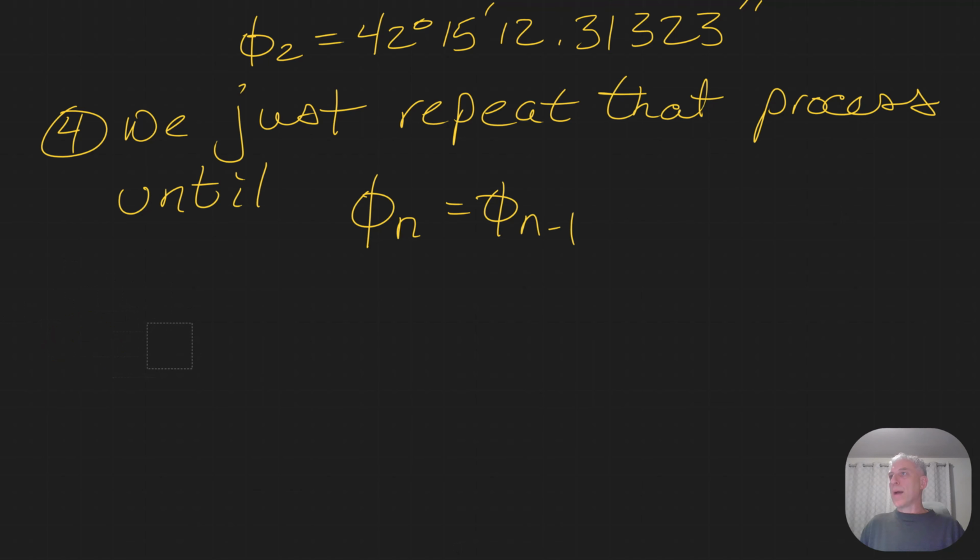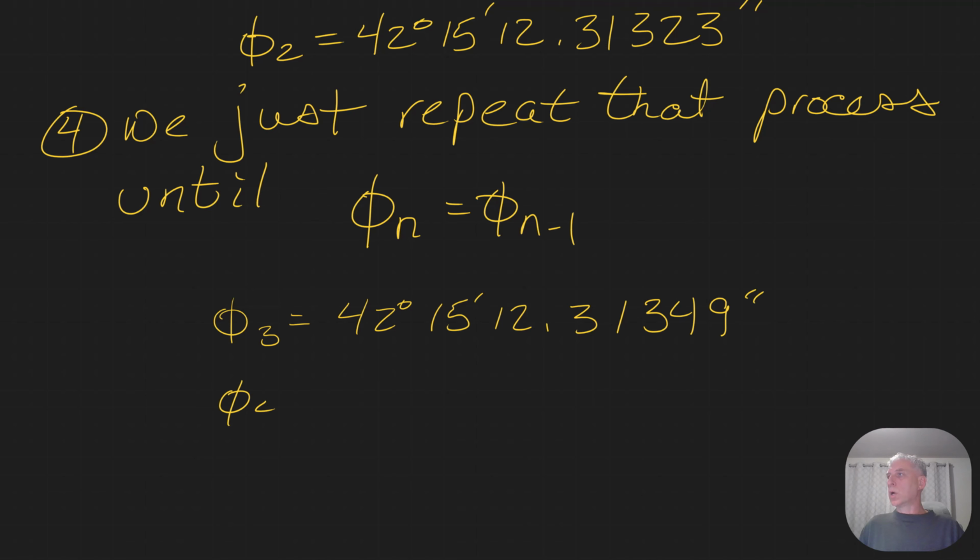So going through that process, we have a phi1, a phi2, so phi sub 3 is equal to 42 degrees, 15 minutes, and 12.31349 seconds. Phi sub 4 equals 42 degrees, 15 minutes.